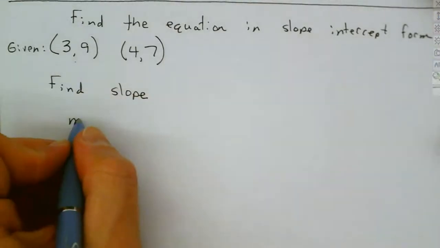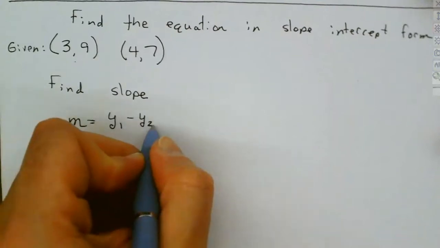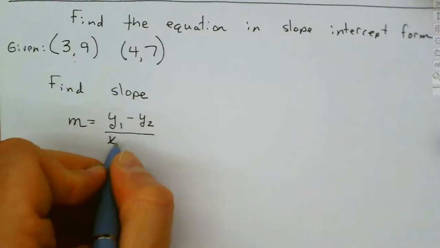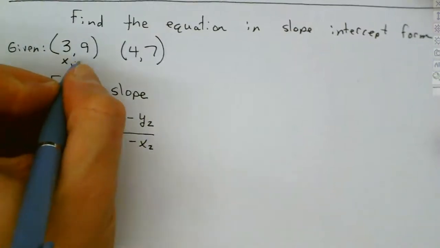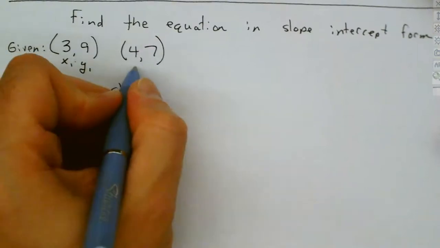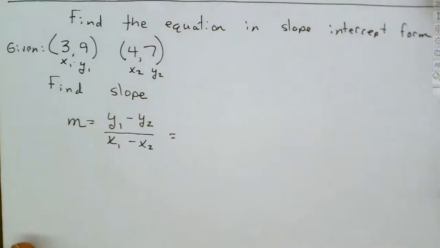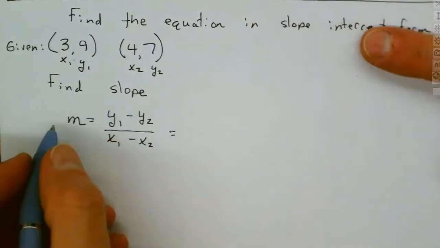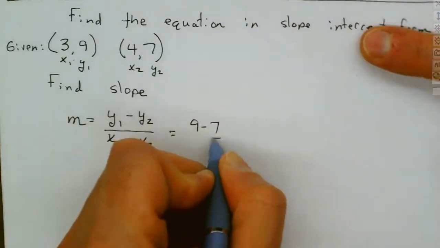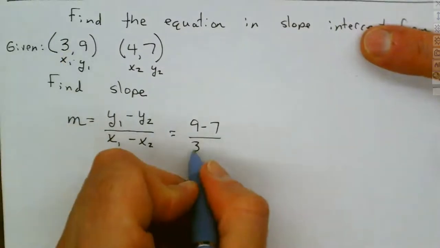And your formula is m equals y1 minus y2 over x1 minus your x2. There's x1, y1, x2, y2. So fill in the parts here. So when I fill them in, that's going to be 9 minus 7 over 3 minus 4.